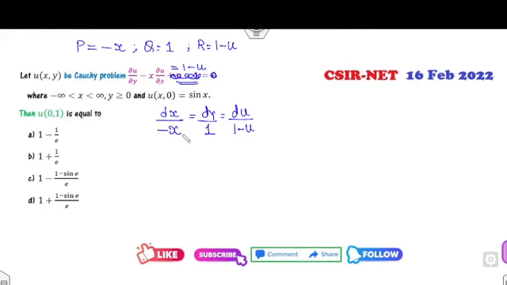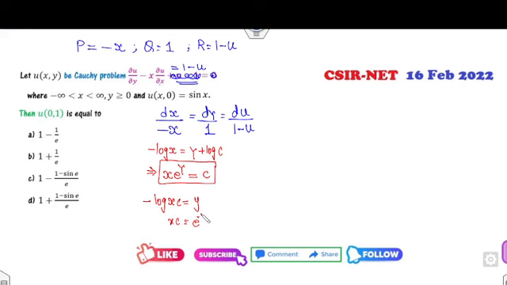If you look at the first two terms, then it will be minus log x is y plus log c, or I can say e raised to power y times x is equal to a constant. Fine, this is my first solution. So I can write xe^y equal to c. This is my one solution. Can you find the other solution?